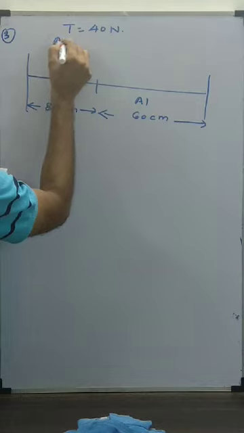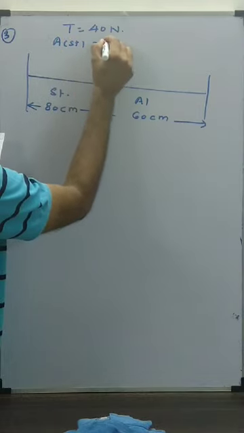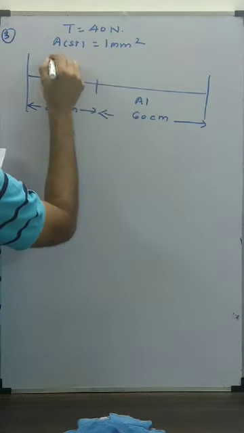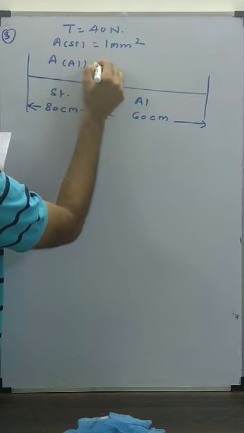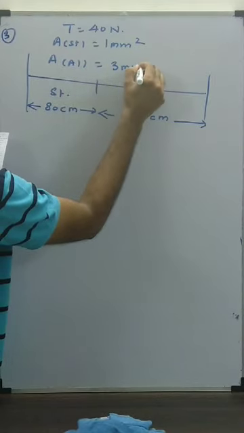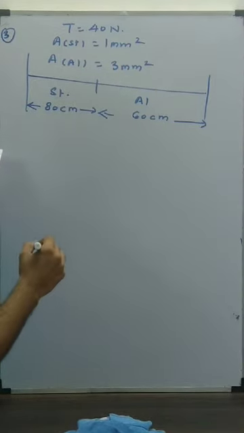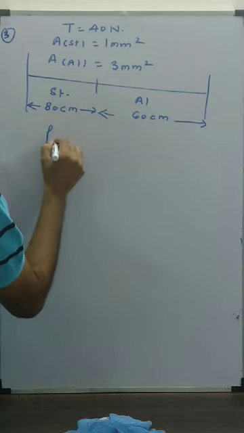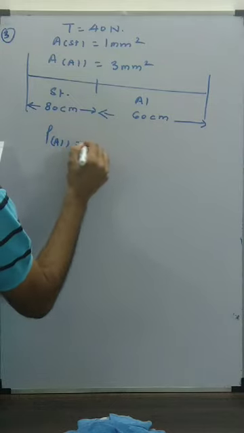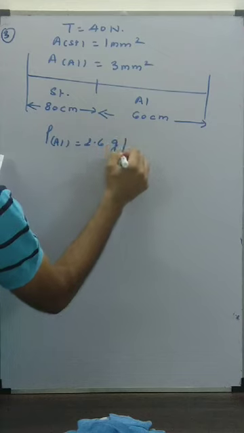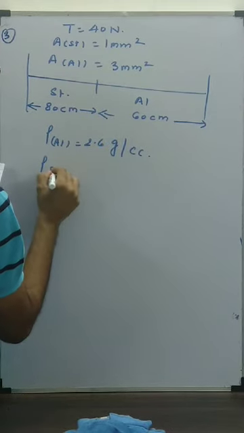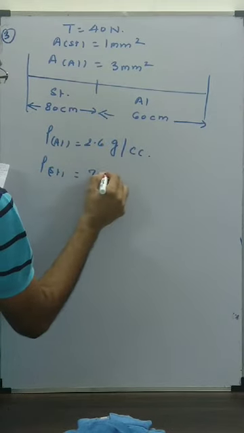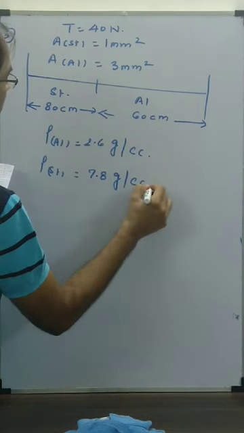Area of steel is given 1 mm square. Area of aluminum is given 3 mm square. Density of aluminum is given 2.6 gram per cc and density of steel is given 7.8 gram per cc.